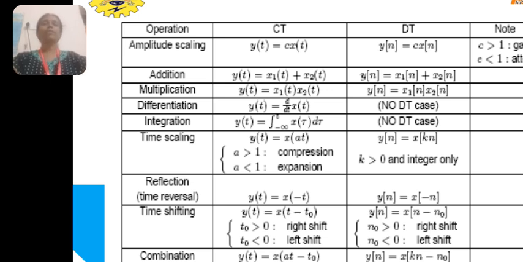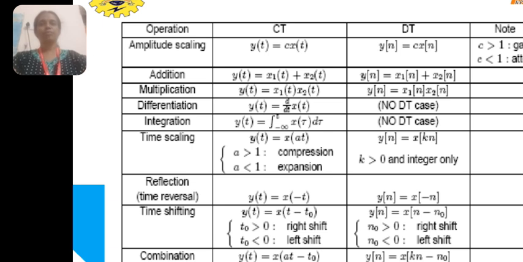Next is reflection or mirror. Reflection is nothing but the mirrored signal, like y of t is equal to x of minus t, or y of n is equal to x of minus n. So this minus represents the opposite axis, hence it is named mirror signal or reflection.